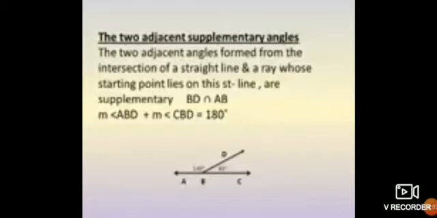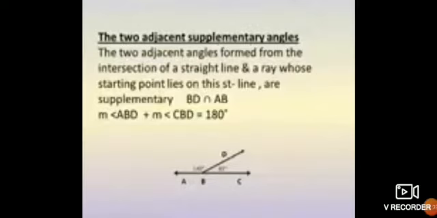What's next? The two adjacent supplementary angles. Two adjacent supplementary angles are formed from the intersection of a straight line and a ray whose starting point lies on this straight line. They form supplementary angles.